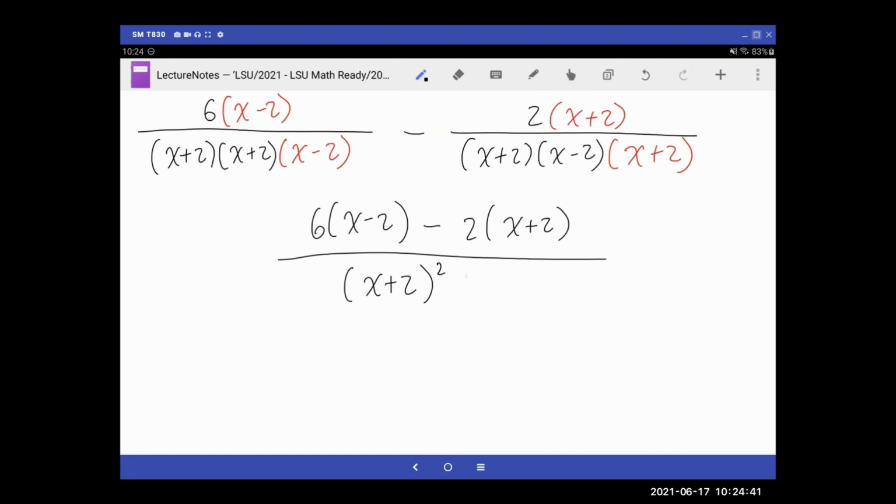So I'll put a squared here, x minus 2. Okay, the denominator, I can leave that alone, but the numerator, look at that. We have two terms separated by a subtraction symbol. So let's distribute the 6 and the 2.